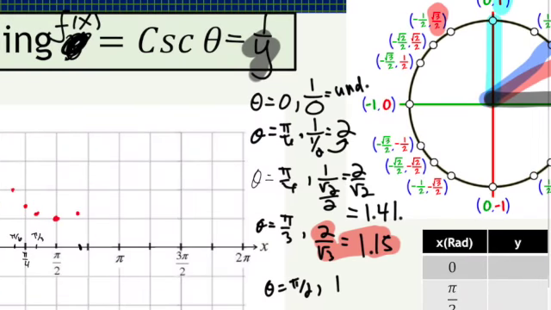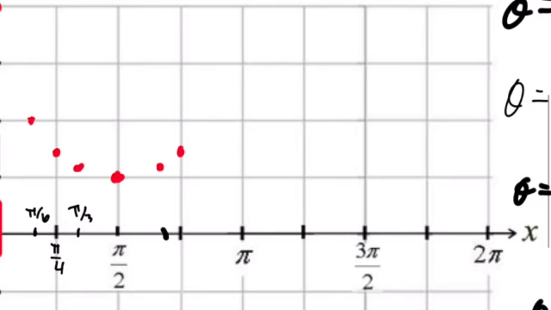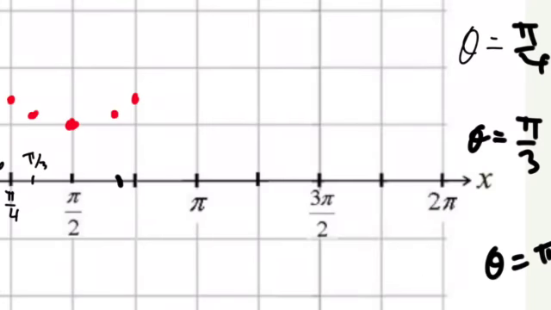Next guy we have is radical 2 over 2. We have that one right here, so it's 1.41. There we go, a little bit less than halfway. Then for the next one, we've got 1/2. The reciprocal of 1/2 is 2. So at 5 pi over 6, we've got the reciprocal of 1/2, which is 2.